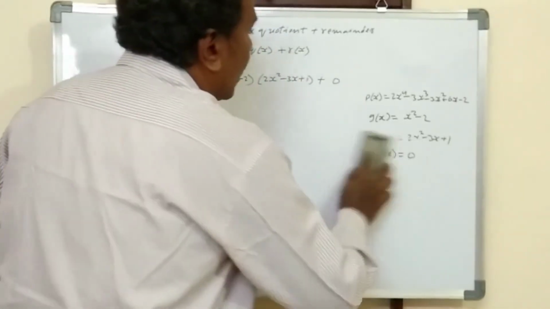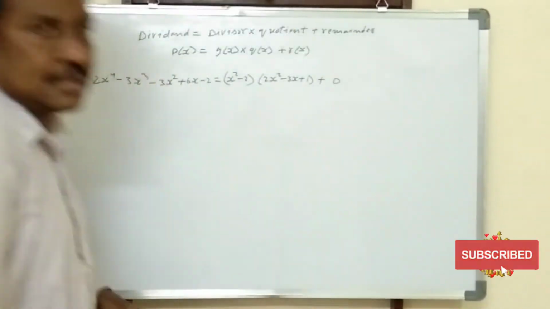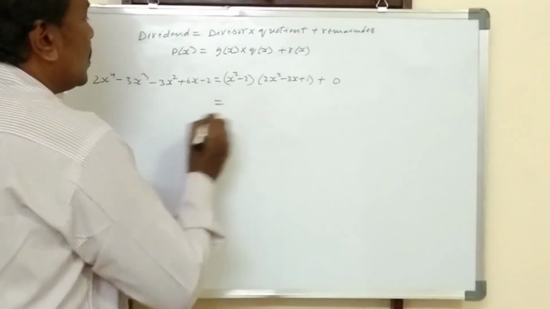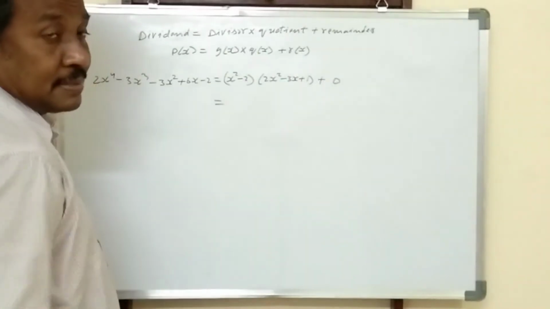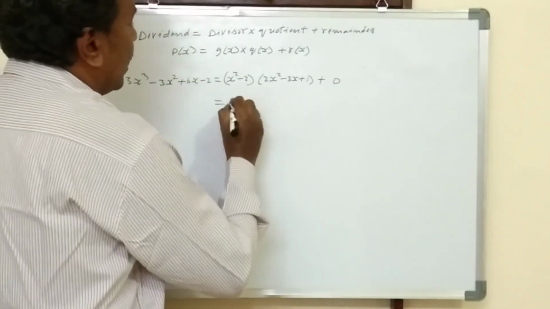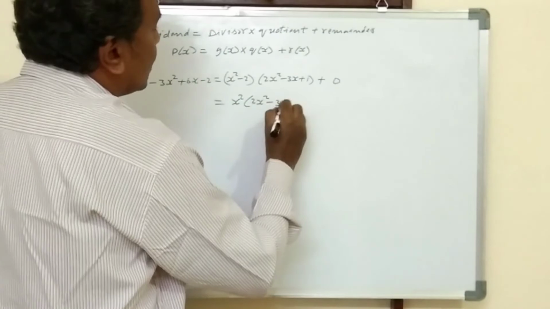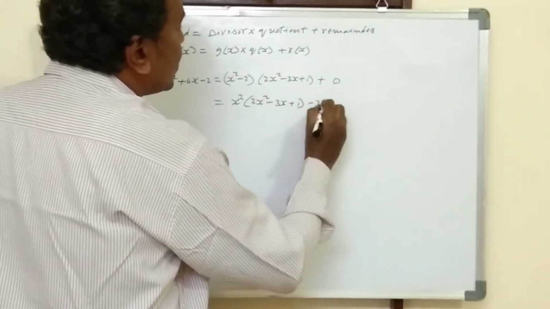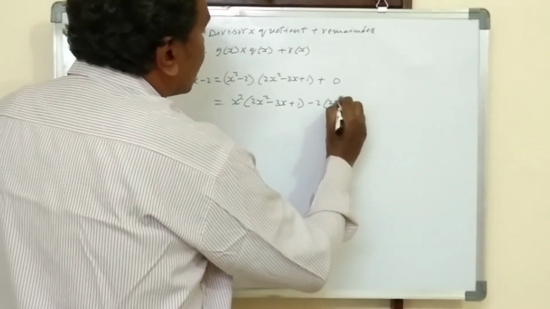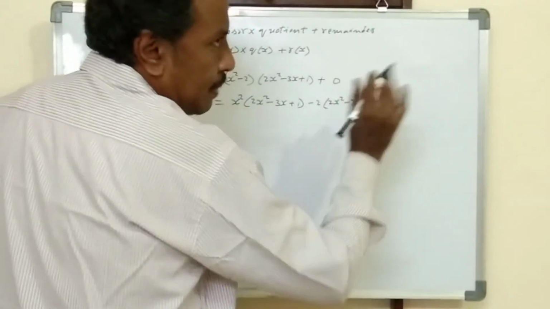Let us see whether LHS equals RHS or not. So here we have to simplify the RHS. Now x square into 2x square minus 3x plus 1, minus 2 into 2x square minus 3x plus 1. Just ignore plus 0.